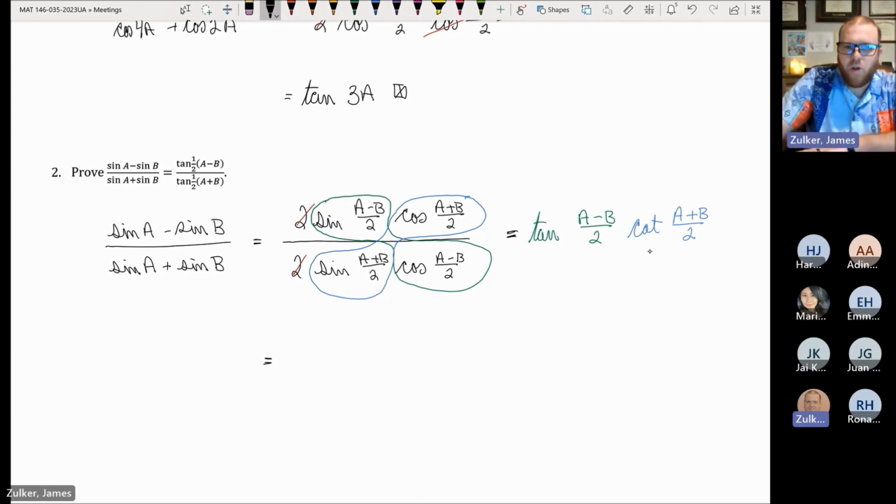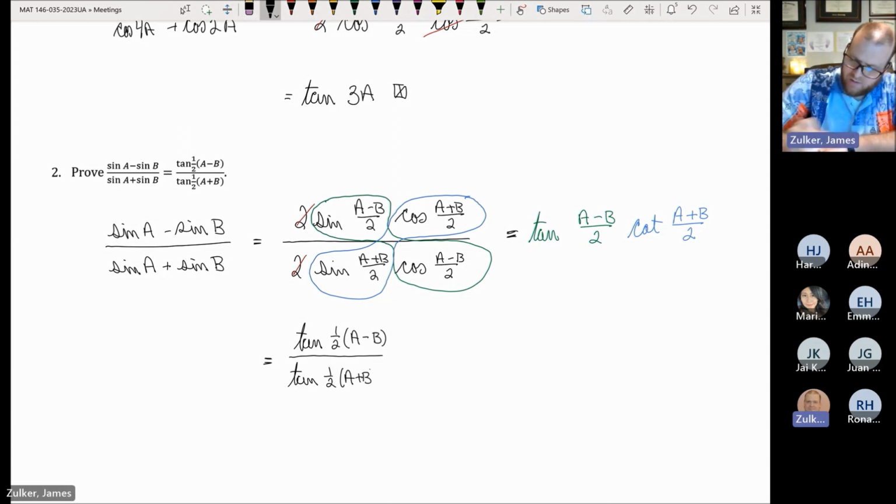But isn't cotangent 1 over tangent? Right, so what we can do is write that product as tangent of a half the quantity a minus b over tangent of a half the quantity of a plus b.